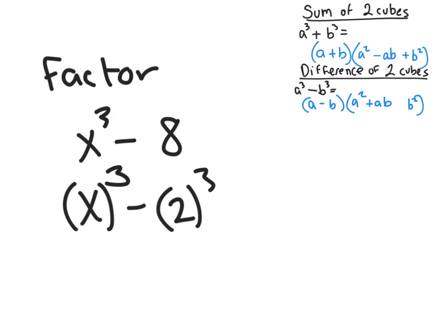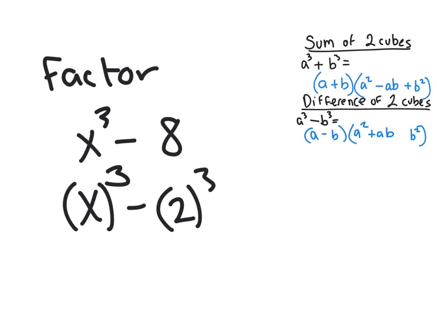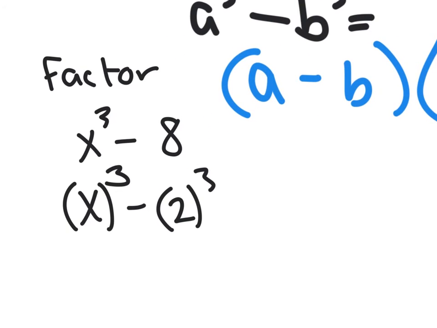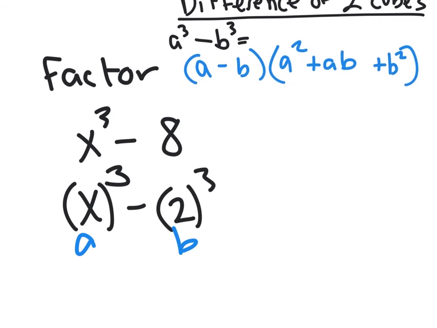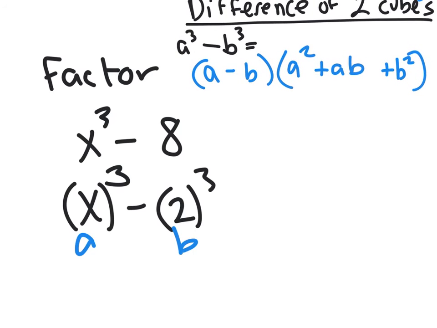I want to do that so I could actually see my A and B term right here. My A and my B, I could see it. My A is x, and my B is 2. All right? So now we could use the difference of 2 cubes formula because now we know that your A value is x and your B value is 2.